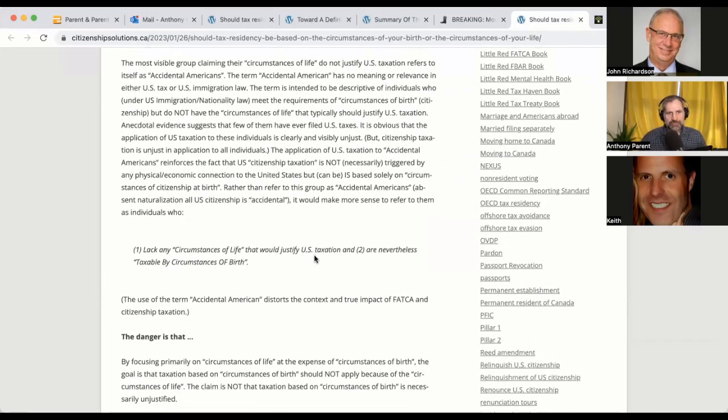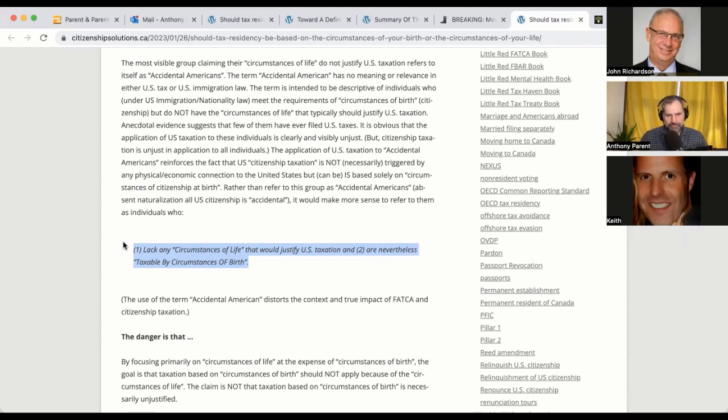Yeah, circumstances of birth versus circumstances of life. So logic, for me, states that the way for the U.S. to go to RBT, residency-based taxation, is that they must sever citizenship from tax residency. That's the proper definition of residency-based taxation. Am I correct?